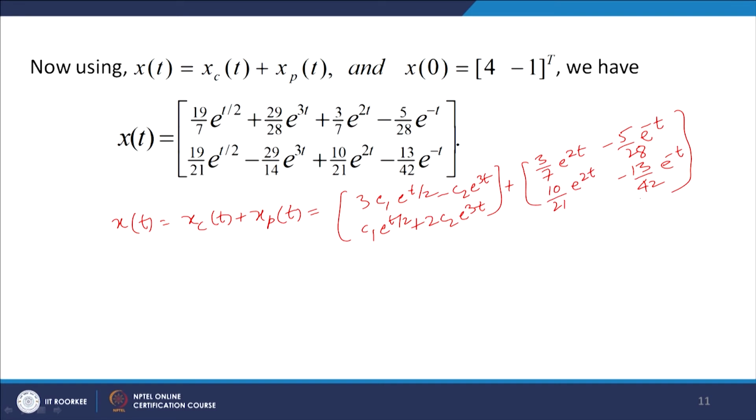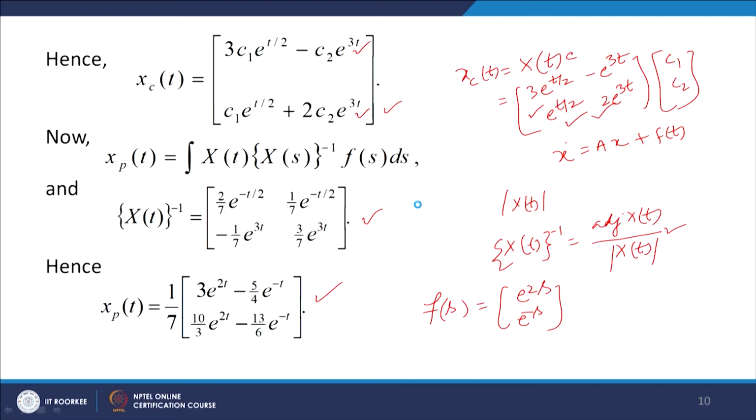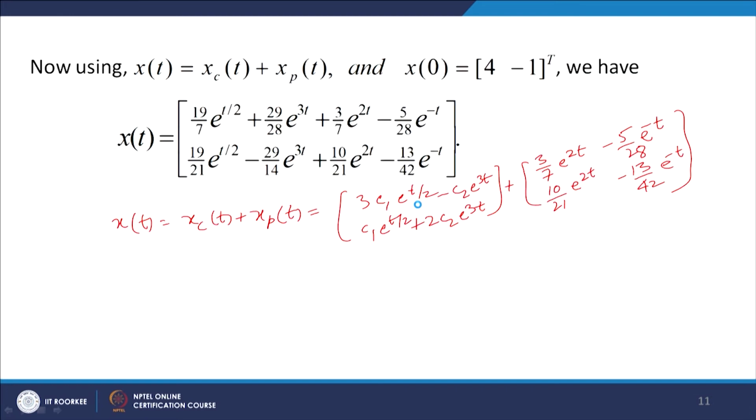So we add the two matrices, X_c(t) is this and X_p(t) is this.